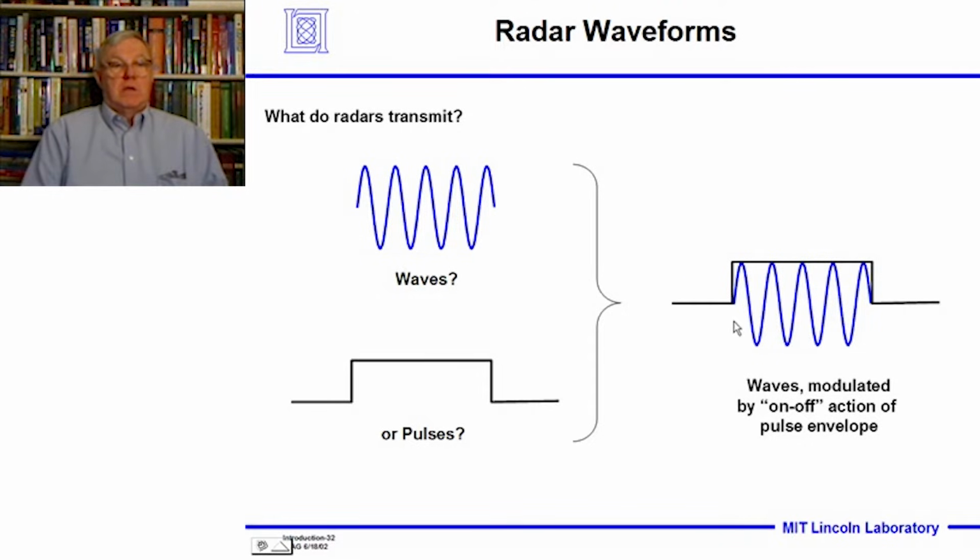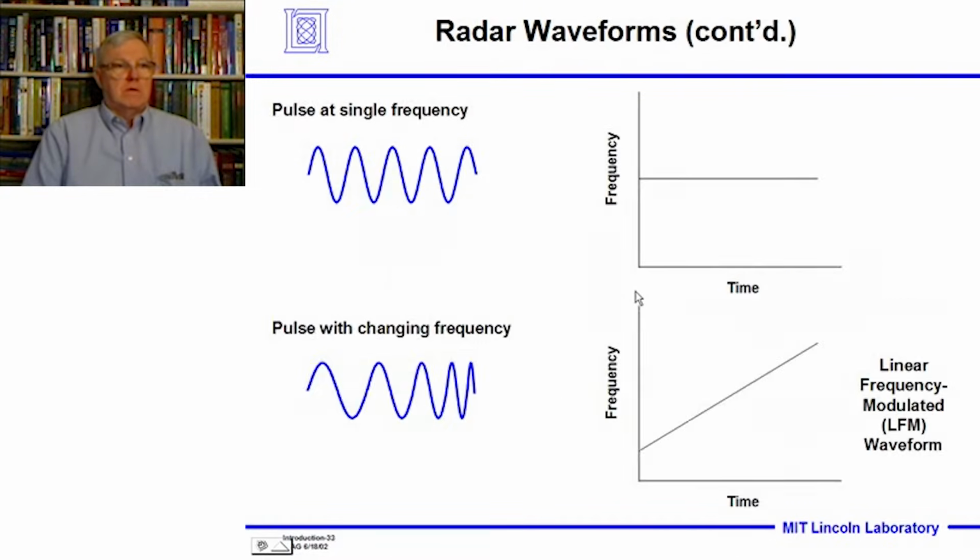And what you'll usually see in a visual depiction of a pulse is not the up and down of the sine wave, but just its envelope, as it's called, the pulse envelope of the electromagnetic wave. Okay? And notice this particular electromagnetic wave, the frequency is perfectly constant throughout the whole pulse.